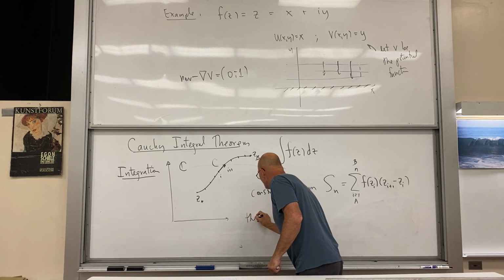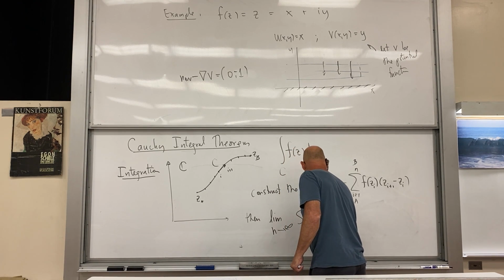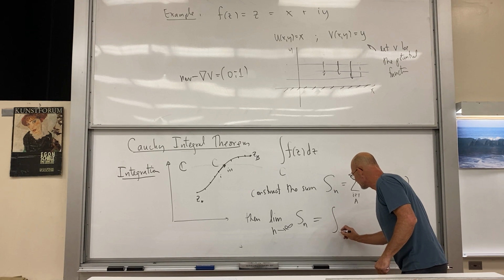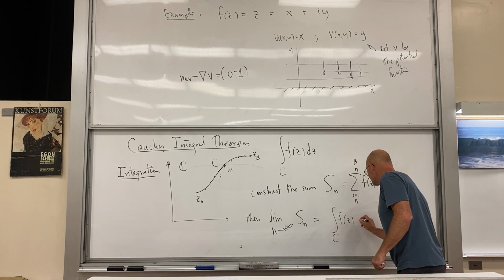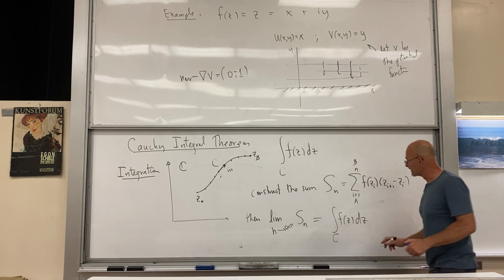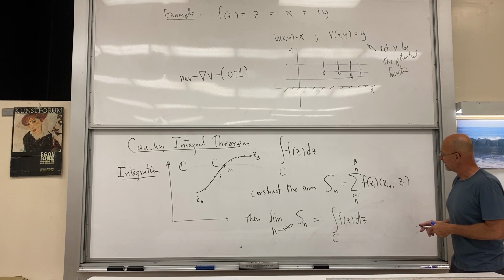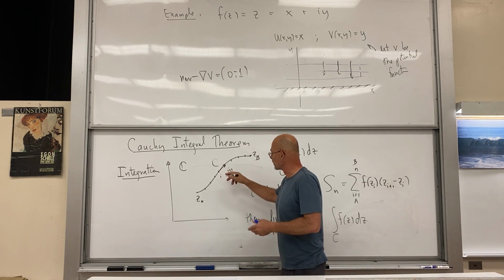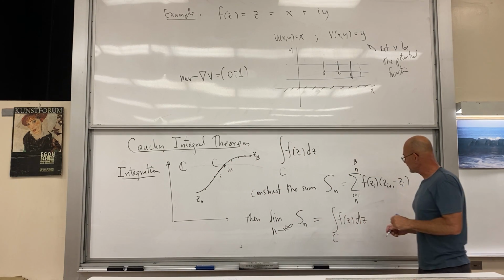So the limit as n goes to infinity of S sub n is going to be equal to that integral along the contour, f of z dz. That's exactly how this is defined. And in that limit, the point at which you evaluate f of z is of course immaterial, because these things all become infinitesimal.